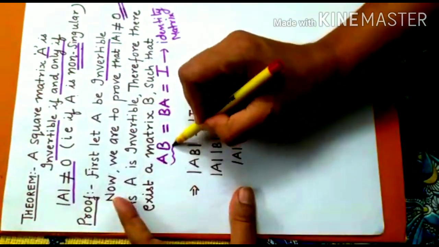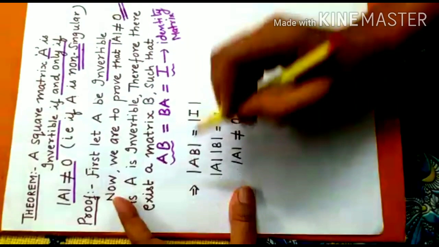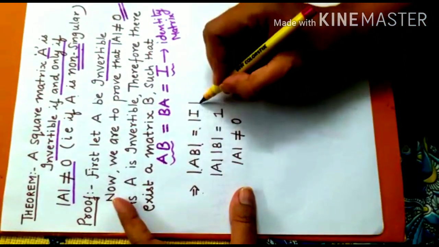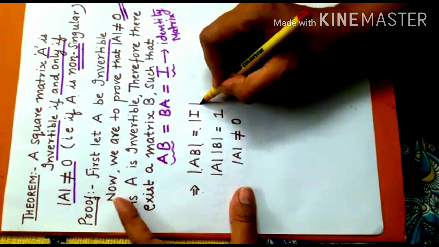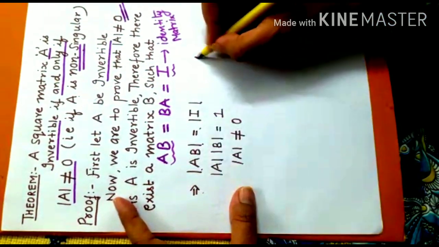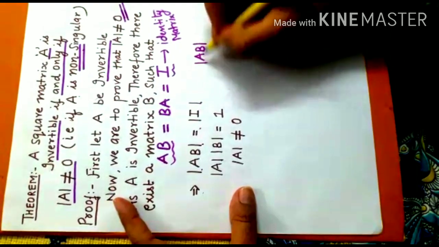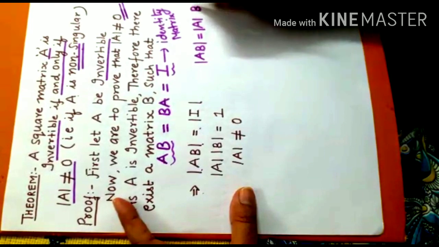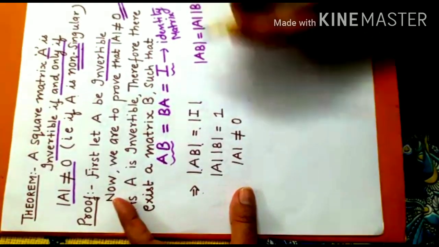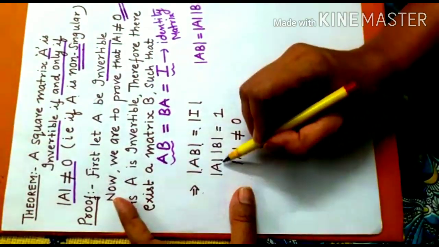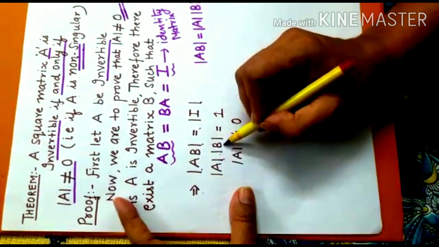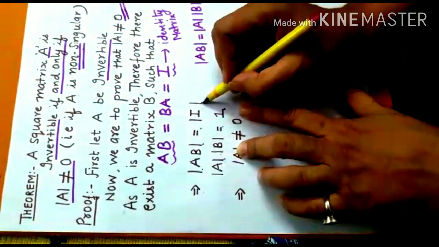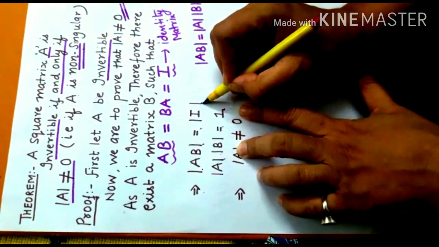Now as AB is equal to I, so determinant of AB will be equal to the determinant of the identity matrix. And yes, we know that determinant AB is equal to determinant of the matrix A into determinant of the matrix B. So here we have determinant of A into determinant of B is equal to 1, because determinant of identity matrix is 1.